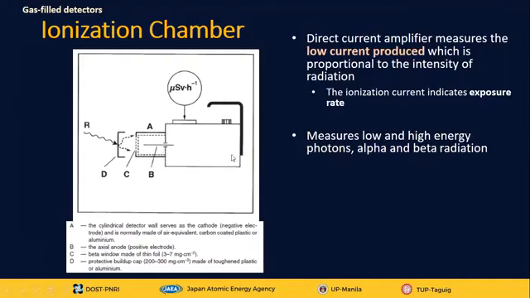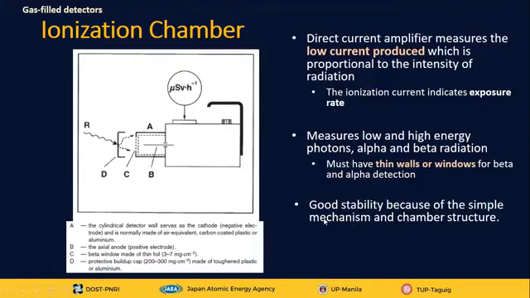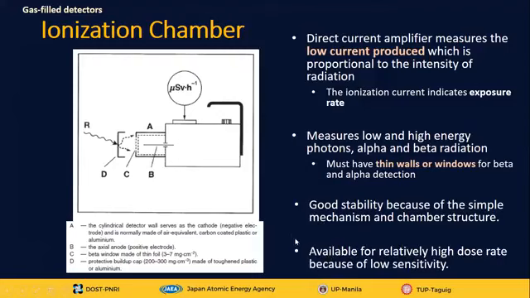This type of ionization chamber measures low and high energy photons, alpha and beta radiation, and must have thin walls or windows for beta and alpha detection. Ionization chambers have good stability because of simple mechanism and chamber structure and can be used for a relatively high dose rate because of its low sensitivity.